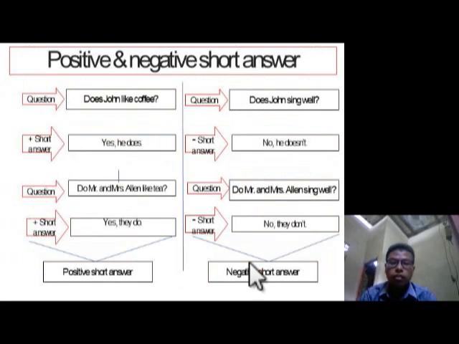Okay, this is the last part of our material today, how to make a positive and negative short answer. I think it's easy. Saya pikir ini sangat mudah sekali ketika kita membuat positive and negative short answers.